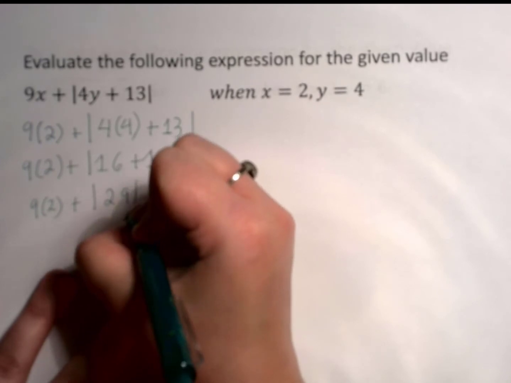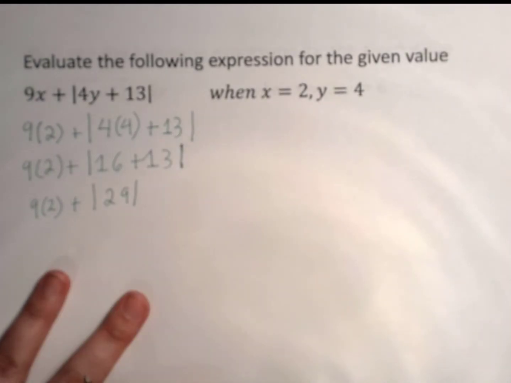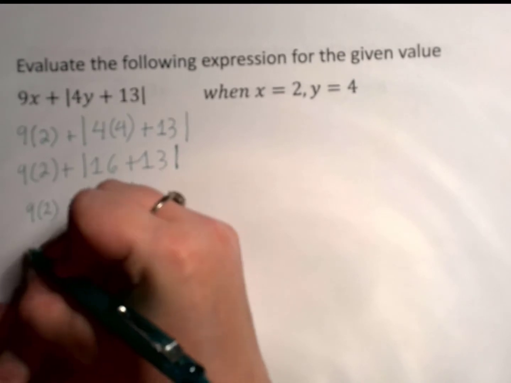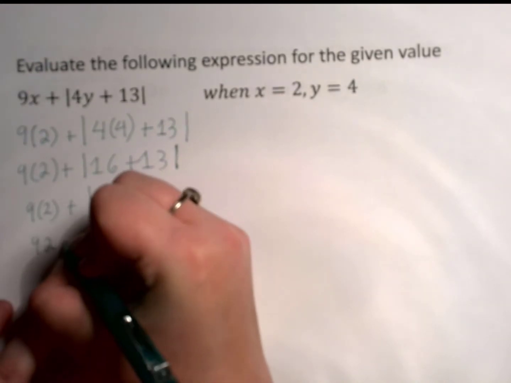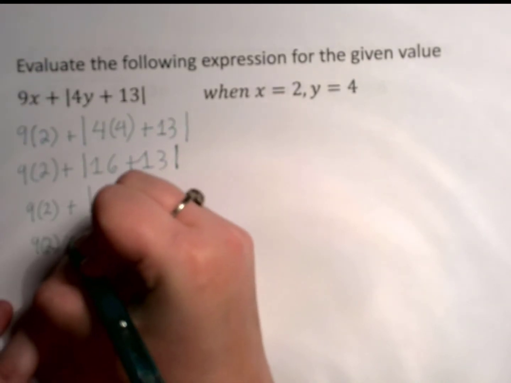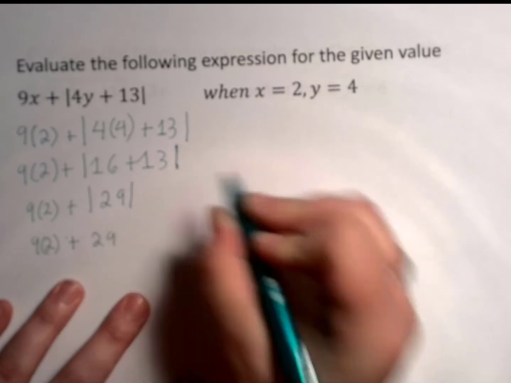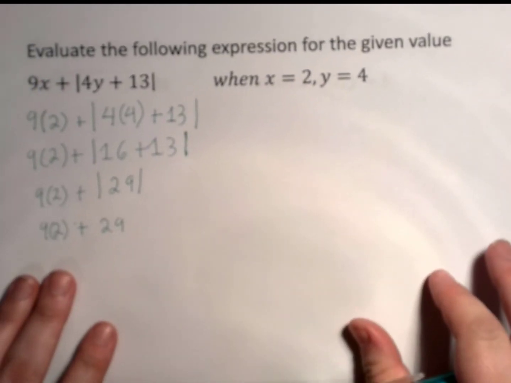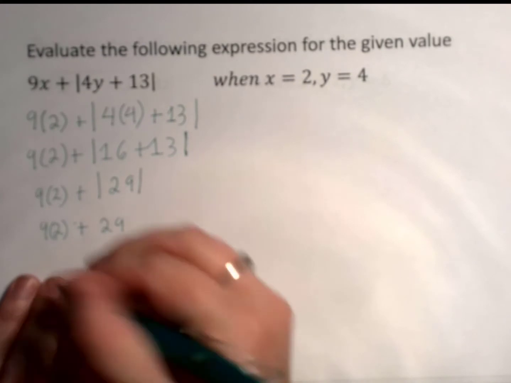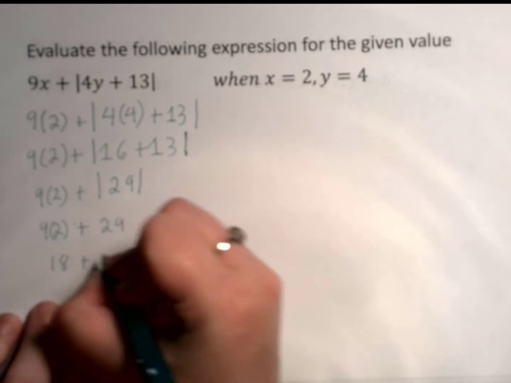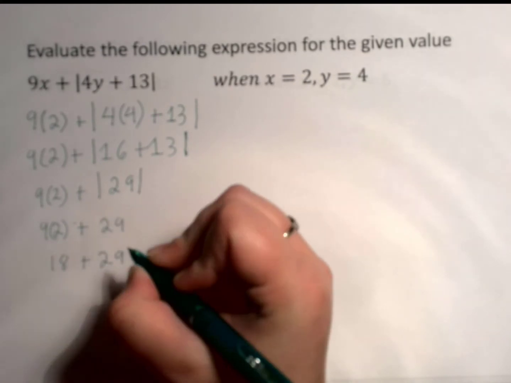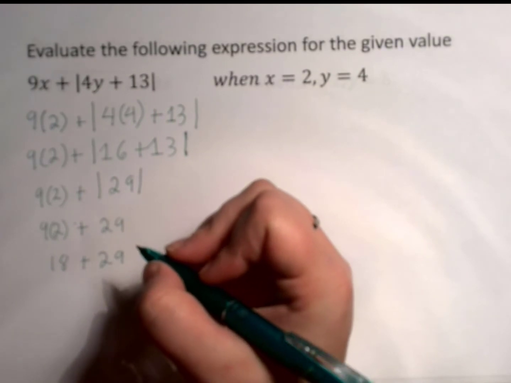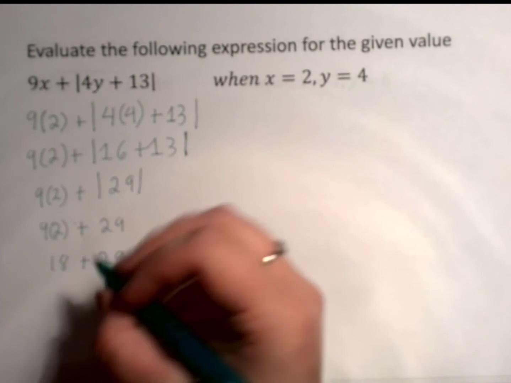Now, the absolute value of 29. Well, how far is 29 from 0? It's 29. Okay, now we can do our multiply and divide. 9 times 2, which is 18, plus 29. And 18 plus 29 is 47.